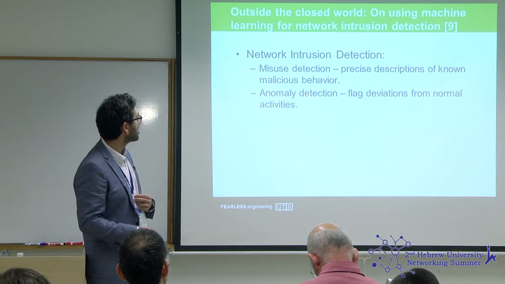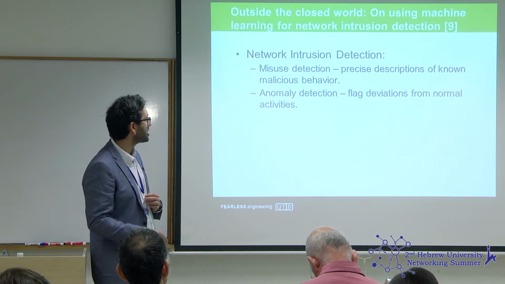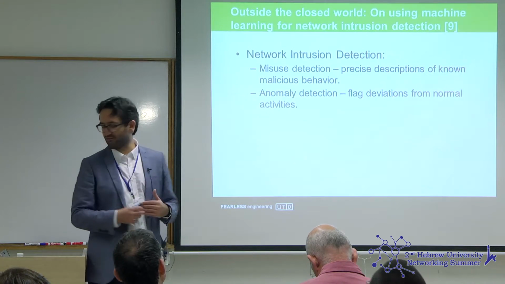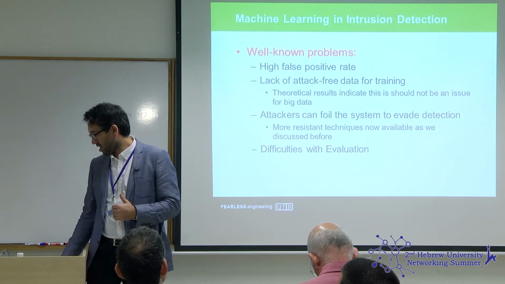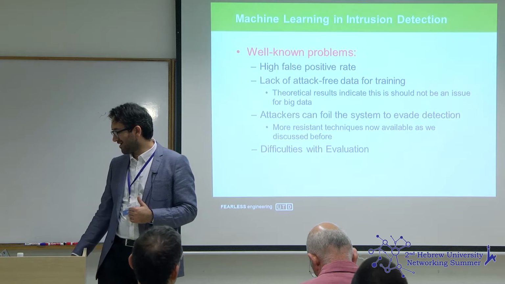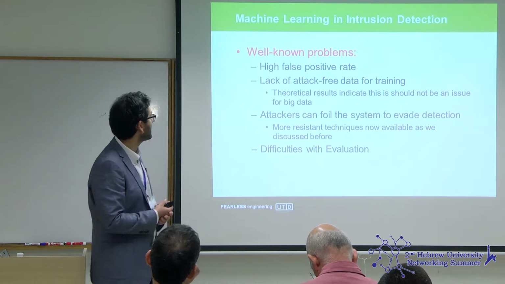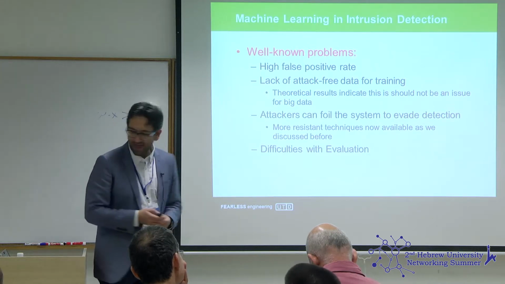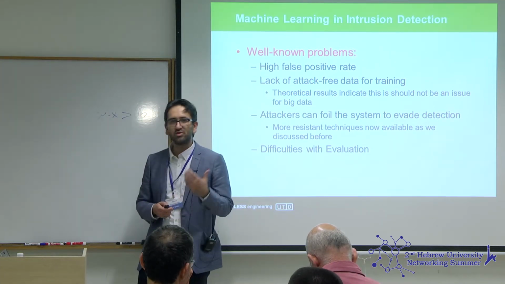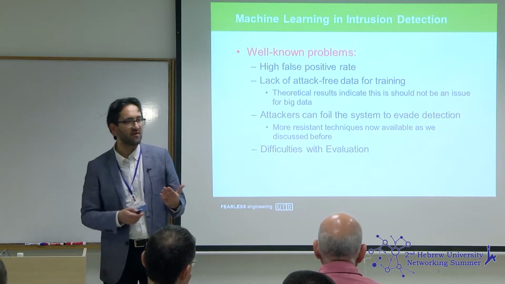And also here you can do anomaly detection, where you just know the normal activity and you want to detect deviations from normal activity. What this work argues is that you have the well-known problem of a high false positive rate.